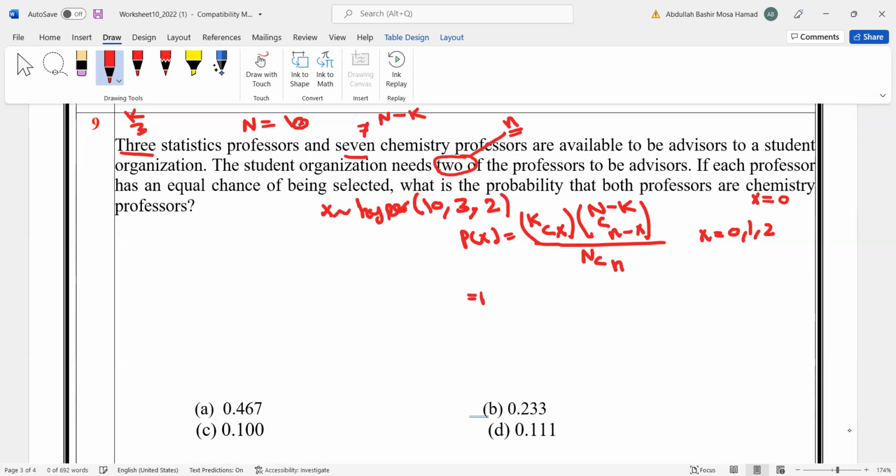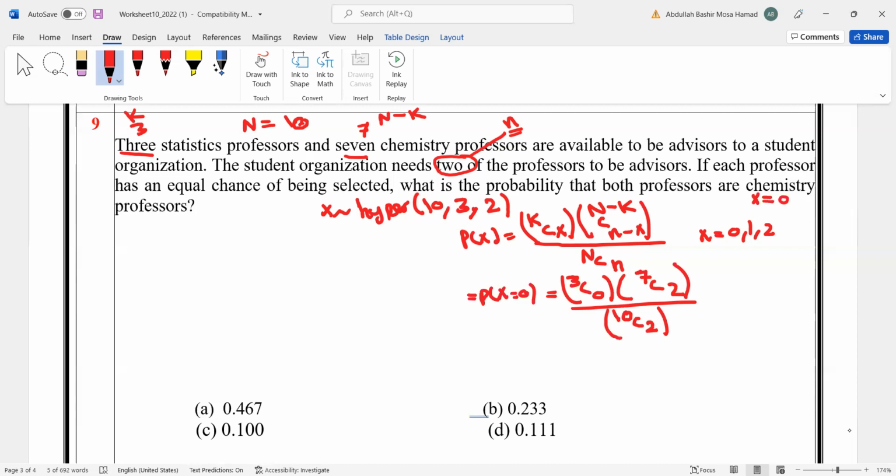So P of X equals 0 is K is 3 C 0, multiplied by 7 C 2, over the total number of professors, which is 10, combination with sample size 2.